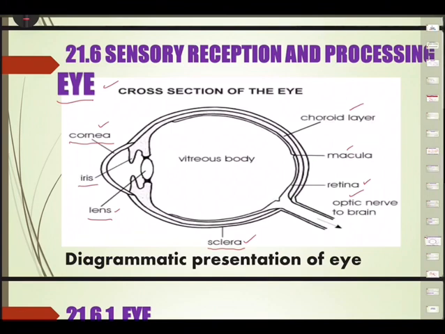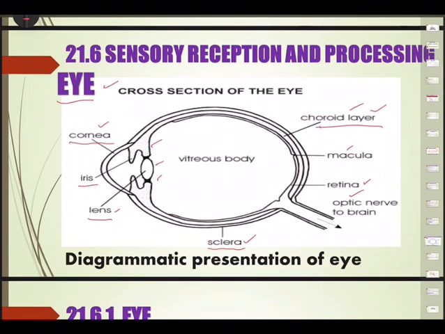The middle vascular layer is the choroid layer. This one, the middle one, is the choroid layer. It is present beneath the sclera and contains numerous blood vessels and nourishes the retina. It becomes thick in the anterior part to form the ciliary body, which holds the lens in position.